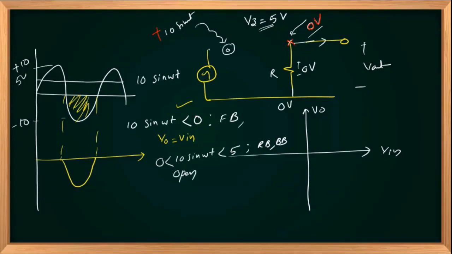Once it is open circuit, there is no branch current through R, so V out will also be equal to 0 volts. So when your input is between 0 to 5, at either ends, V out is 0.